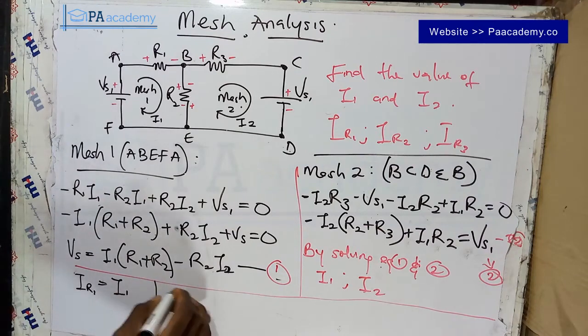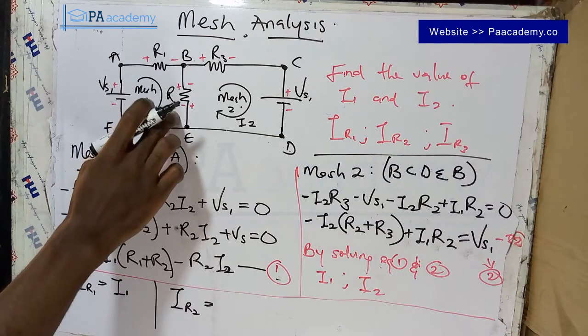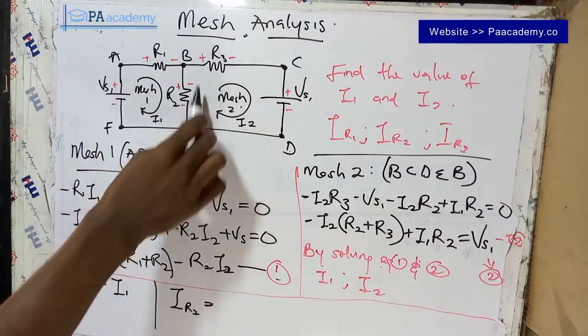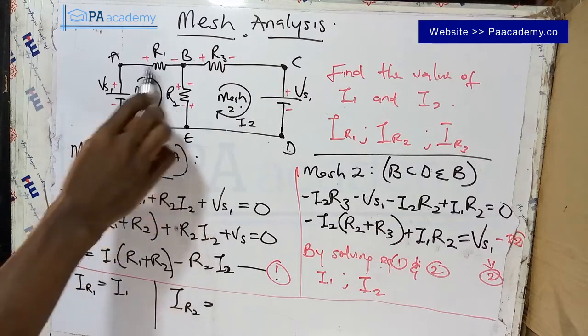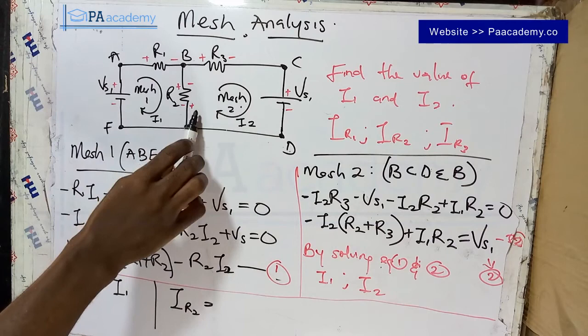Now for IR2, if you have to calculate the current that is passing through this resistor R2, if you look at it, there are two currents passing through it. We have one current like this, that is I1, and another current like this, I2.